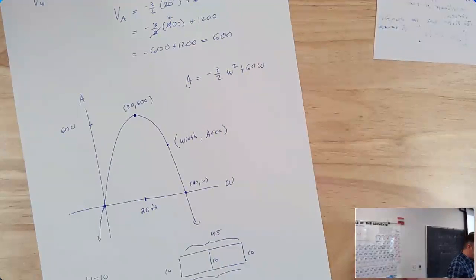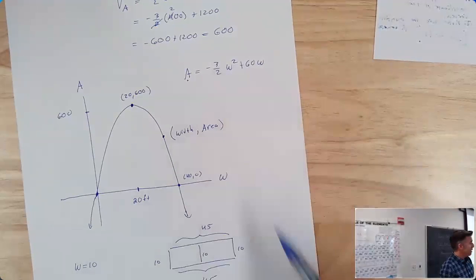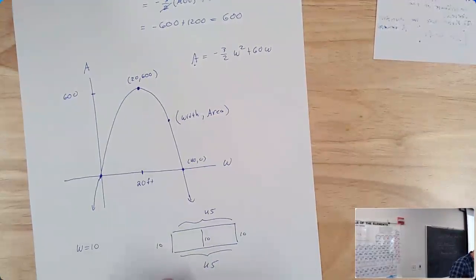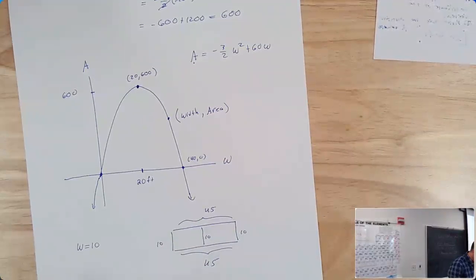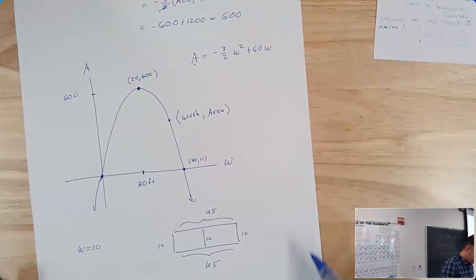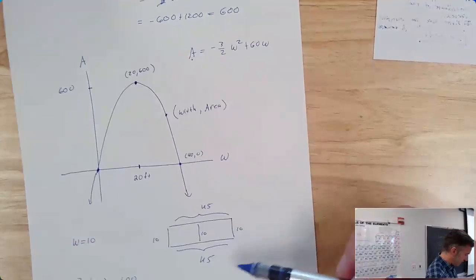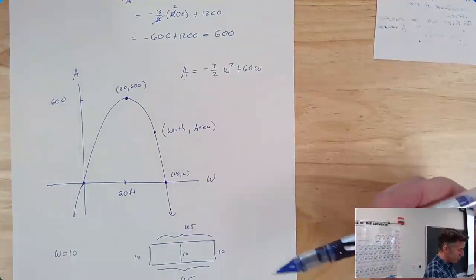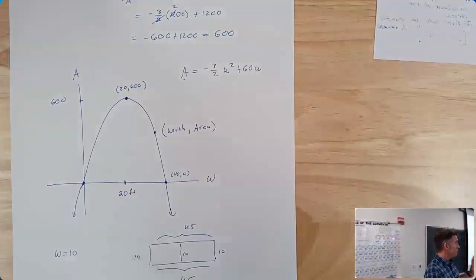And the area would be, well, I could either plug in 10 to my parabola and get that the area is -3/2 times 10 squared plus 60 times 10, which is -150 plus 600, which is 450. We can also see it from the picture here, because the area of this rectangle is definitely 10 times 45, which is 450.